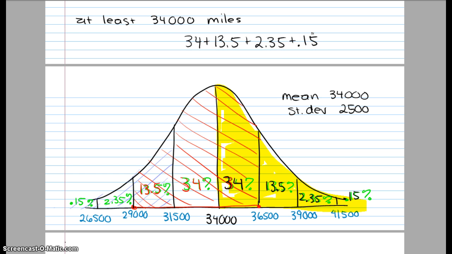Or, if I'm real savvy with these graphs, I say, it's half the graph, it's 50%. The mean's always in the middle. And that works too. You've got a 50% chance.